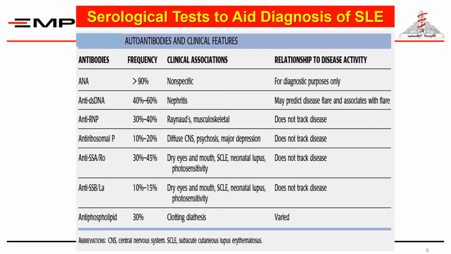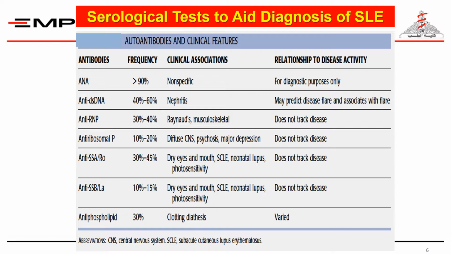The serological tests to aid in the diagnosis of lupus: antibodies and their clinical features. ANA, antinuclear antibody, is very frequent and used as a screening test for diagnosis of lupus. The frequency is more than 90%.